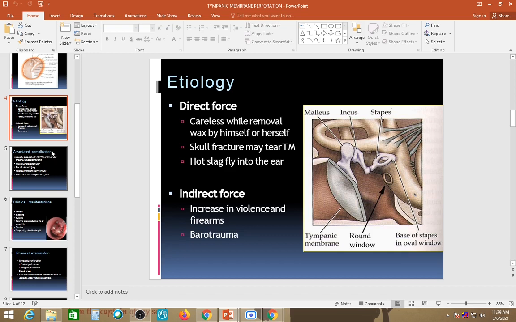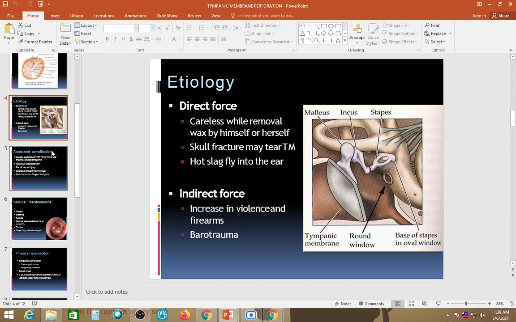Because of injury to the skull, the tympanic membrane can tear. Or else a hot slag flying into the air can injure the tympanic membrane. Then the indirect force is an increase in pressure because of assault, and barotrauma, and even simple infections can lead to these perforations.